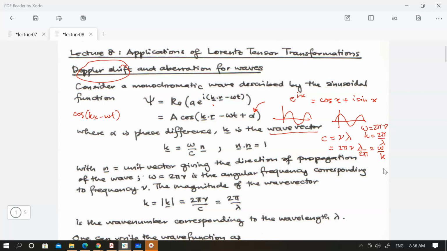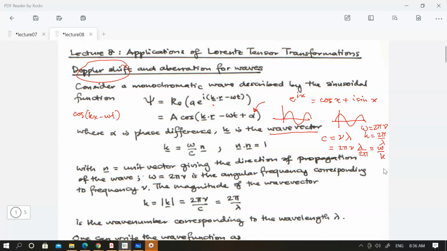So you get omega over c is going to be related to k, but as a vector now, you'll see that this is only scalar. Okay, so I will have to actually write a vectorial quantity here, which would give you the vectorial quantity for your k.